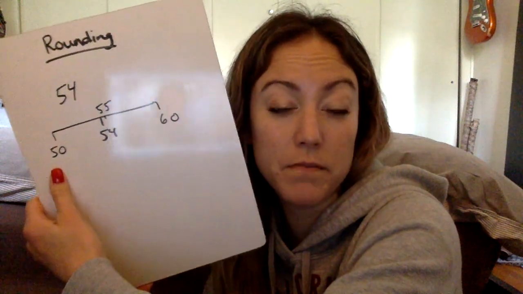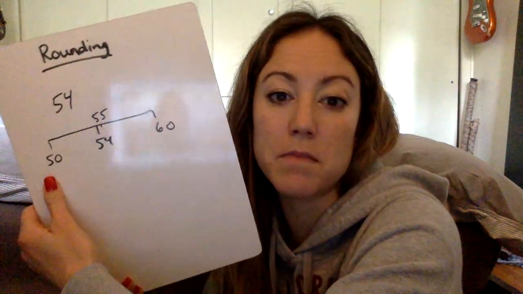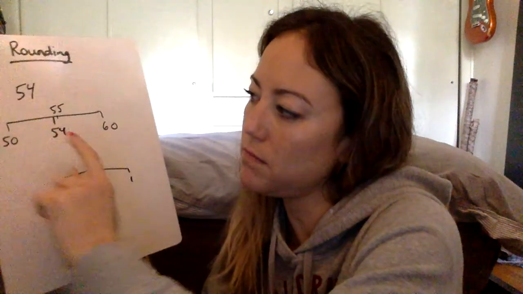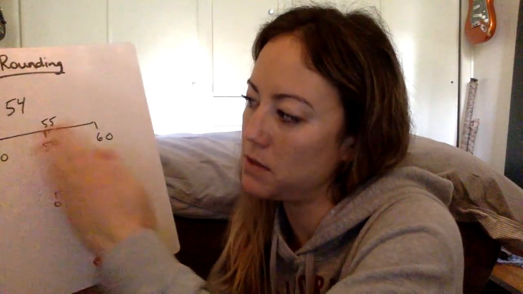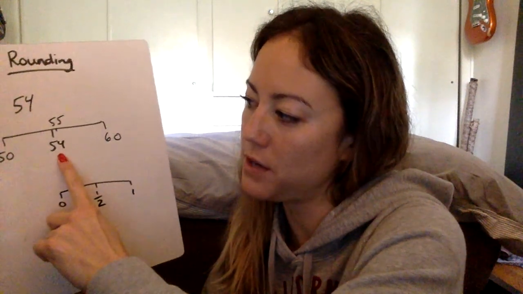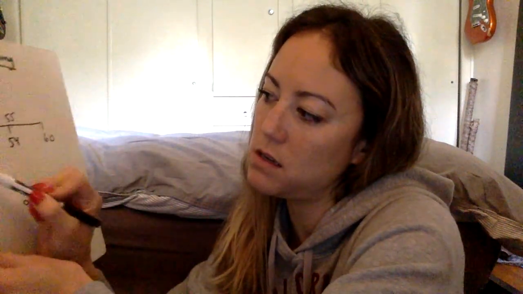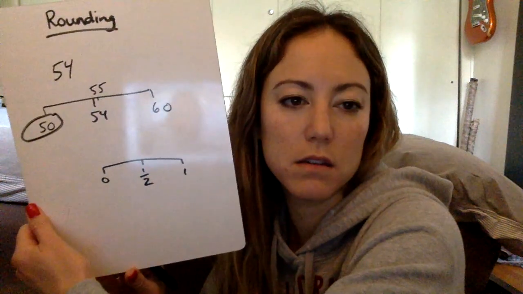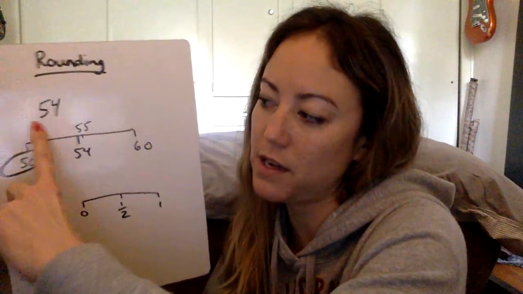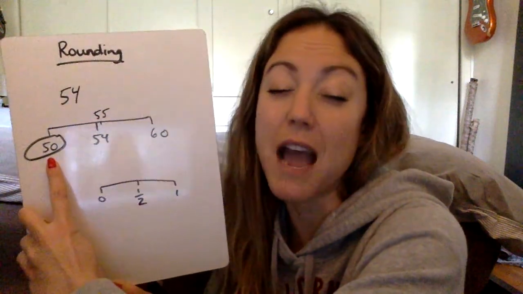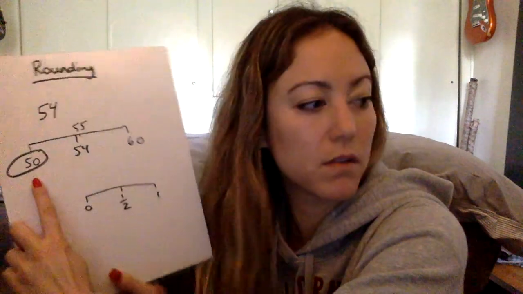So 55 is right in the middle, like 1/2 would be right in the middle between 0 and 1. So 54, you're noticing, is closer to 50 than it is to 60. So if we had to round 54 to the nearest 10, you would round down to 50, right?